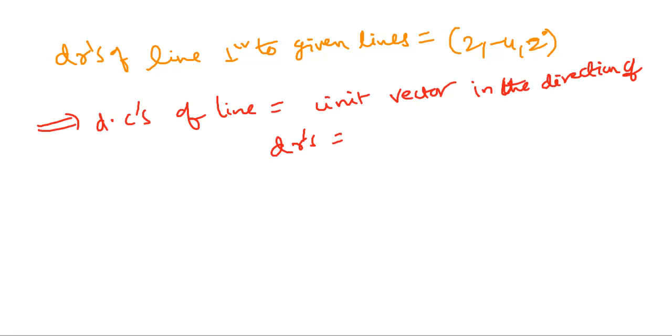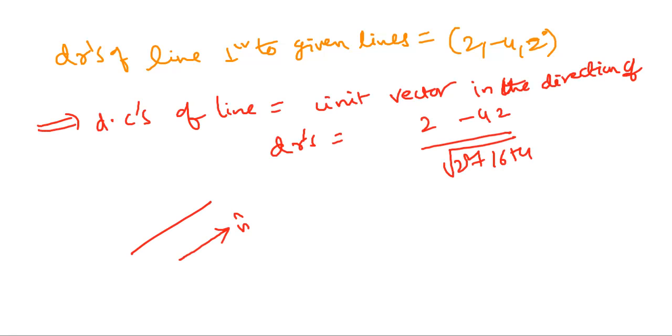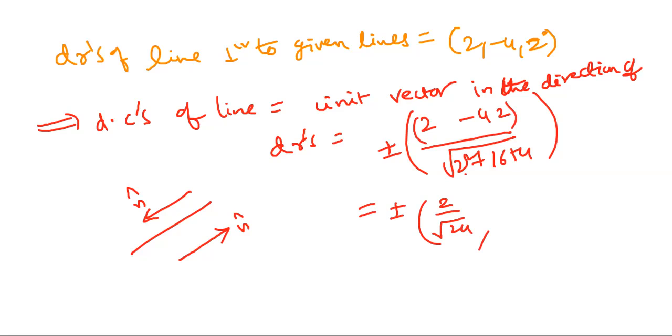So that is equal to 2, minus 4, 2 divided by root over 2 square plus 16 plus 4. Now since it's a line, you can very well write n cap parallel to this unit vector or n cap like this also, so both plus and minus are acceptable here. So that is plus minus 2 by root 24, comma minus 4 by root 24, comma 2 by root 24.